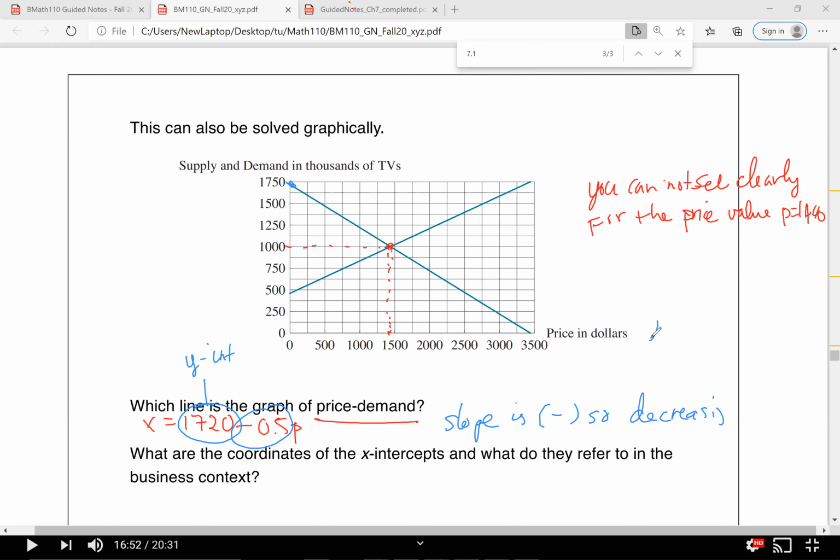So the decreasing graph here should be the price demand graph.